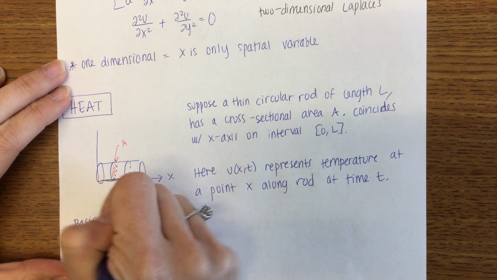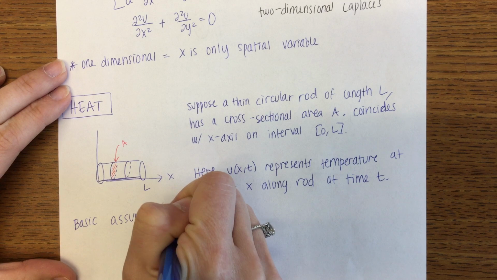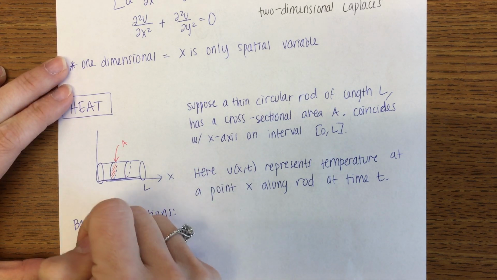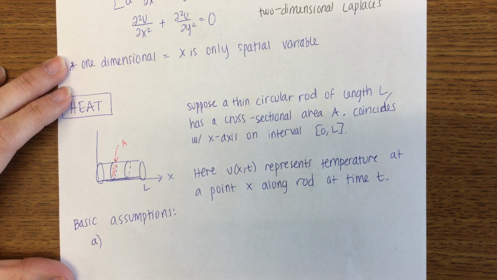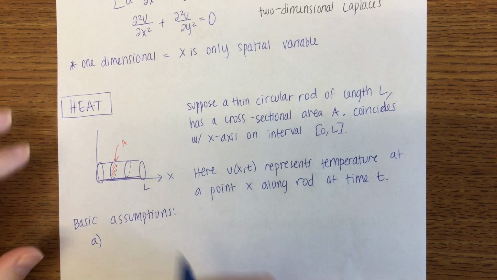Now, we have a whole bunch of basic assumptions that need to be true before we can derive this equation. First basic assumption is that the flow of heat within the rod only takes place in the x direction.